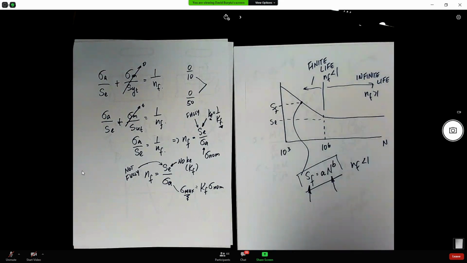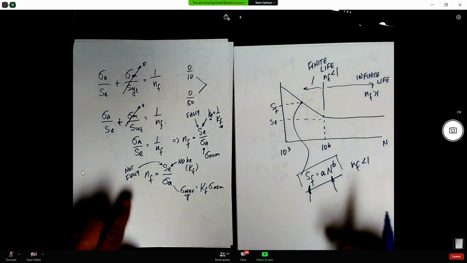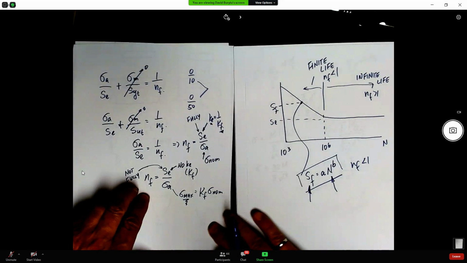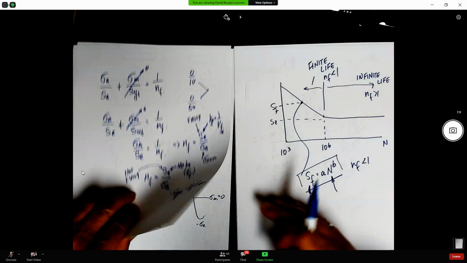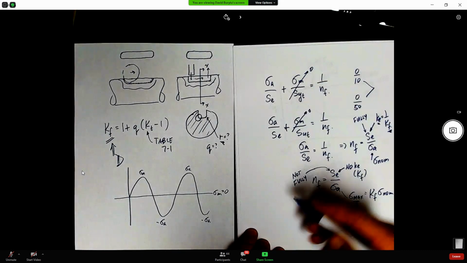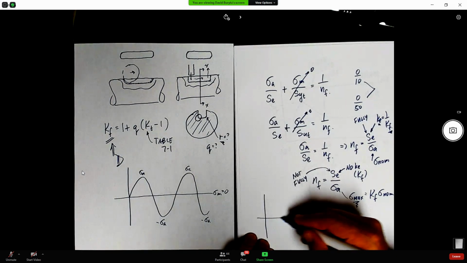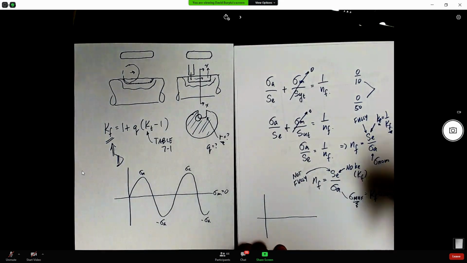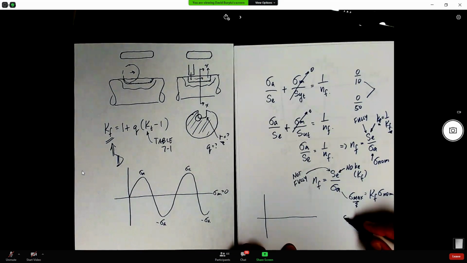Remember that we have, I'm going to write on this page here, what we have over here is the same thing as what we're using in here. When we have completely reversed bending, we have a shaft, and when it rotates, it's seeing completely reversed bending.